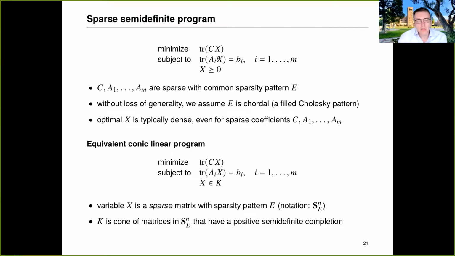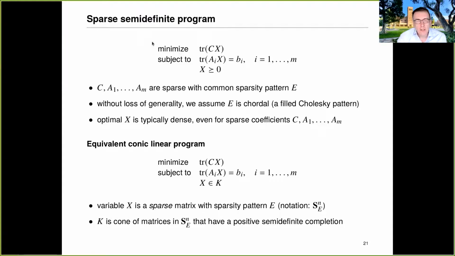Those are the real optimization variables that determine the value of the objective and determine feasibility and the equality constraints. All the other variables that are not part of the sparsity pattern of AI or C don't really matter. You only have to make sure they exist to make the matrix positive semi-definite.